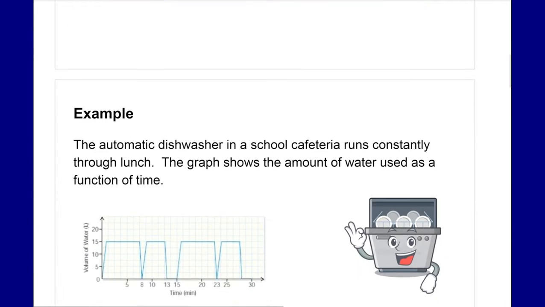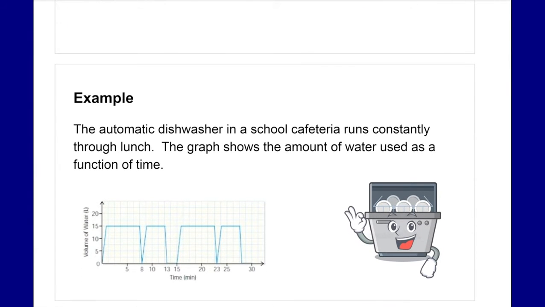An example: the automatic dishwasher in a school cafeteria runs constantly through lunch. The graph shows the amount of water used as a function of time. So we see that the water filling up to a maximum. It runs for the wash cycle. It then empties, fills up again, maybe for the rinse cycle, and then empties.